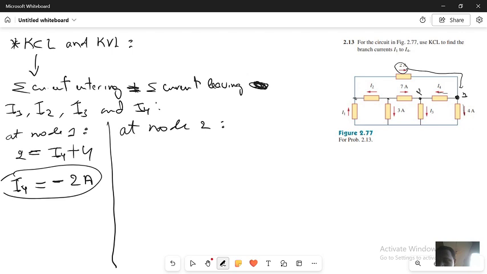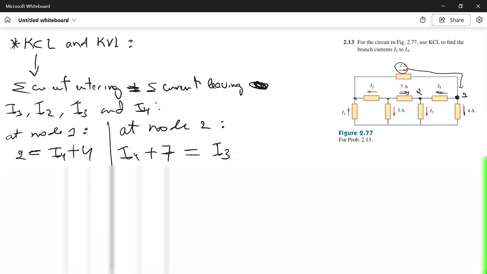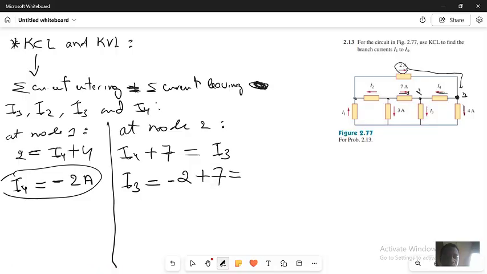So I will have I4 plus 7 equals I3, because I3 is the only current leaving. What's the value of I4? It is minus 2, so minus 2 plus 7. So I3 is going to be equal to 5 ampere.